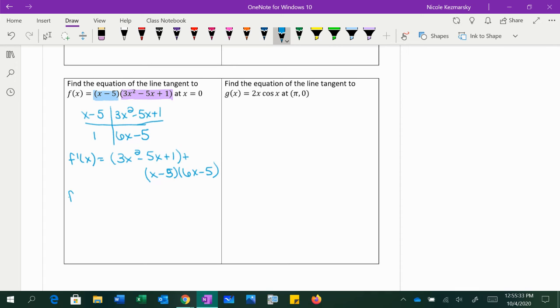So then I'm going to find f prime of 0, because it told me to find the derivative at that point, or find the slope of the equation of the tangent line at that point. So I'm going to plug in 0. So I'm going to say 3 times 0 squared minus 5 times 0 plus 1, plus 0 minus 5 times 6 times 0 minus 5.